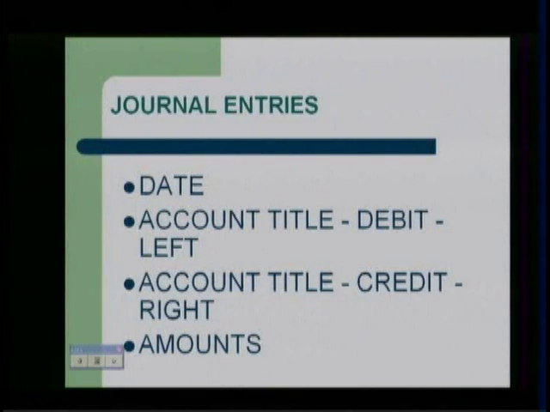So you will have the components of date, debit, credit, and the amounts. So if you want an example, again, look in your book on page 103 and see what a journal entry looks like. We're going to be journal entering several problems in just a minute, so you need to be aware of what they are. Okay?